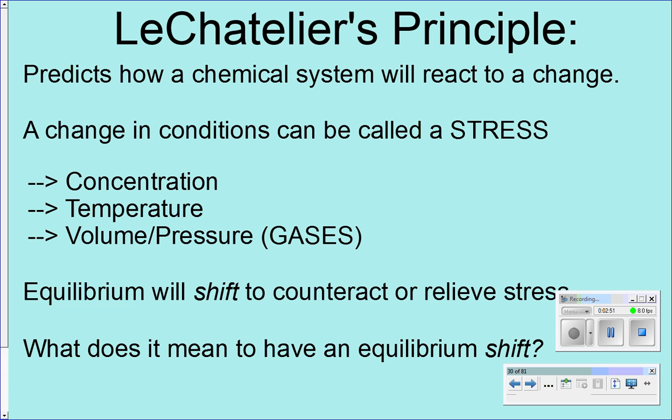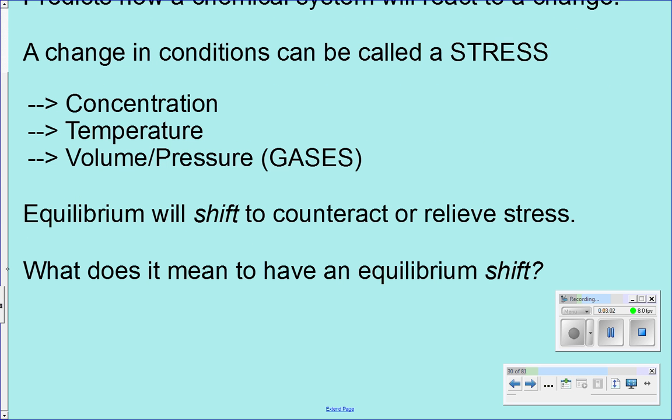Some of the things that are going to affect our equilibrium and possibly shift it are changes in concentration, temperature, and volume or pressure. And those will really only be true for gases. Equilibrium will shift to counteract or relieve the stress.